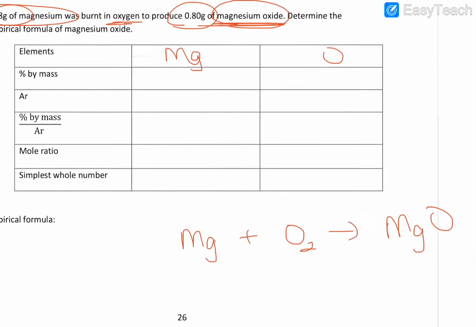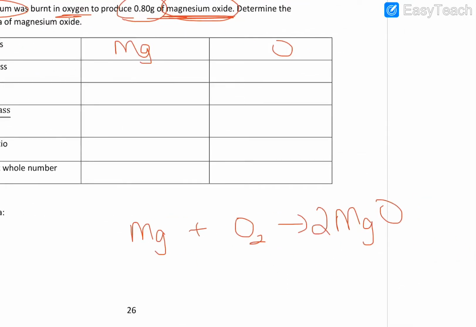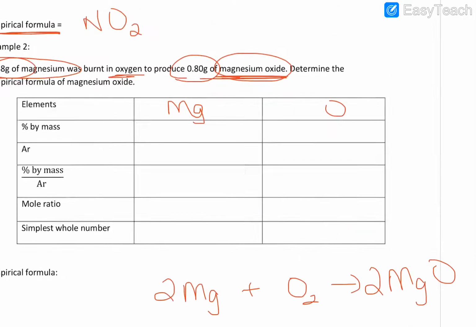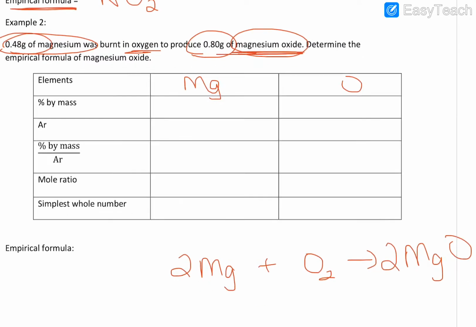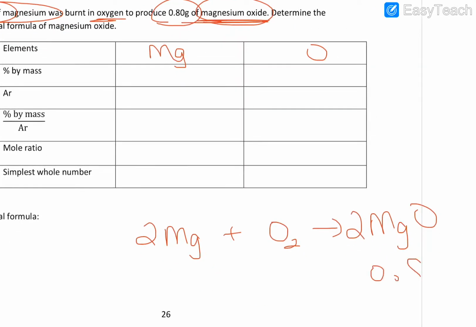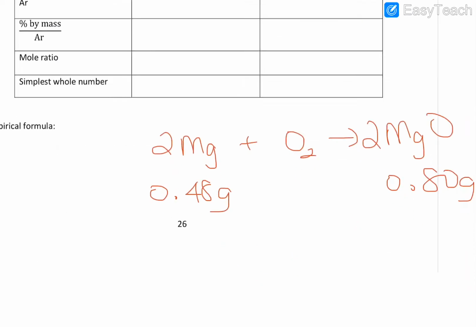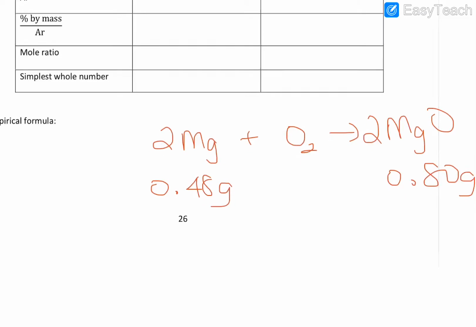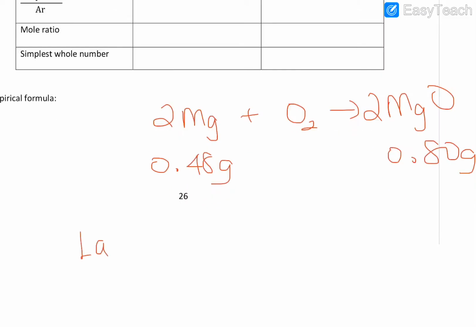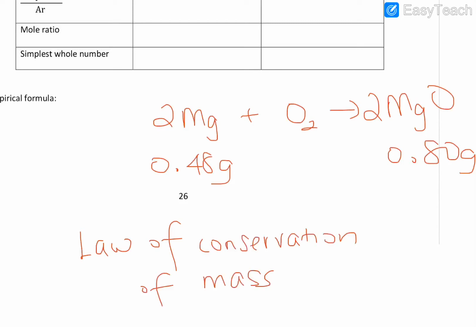Okay, now balance the equation. Here you go. Now we are working with masses over here, 0.8 grams, 0.48 grams. Now if you still remember, there is something known as the law of conservation of mass, which says that mass can neither be created nor destroyed.